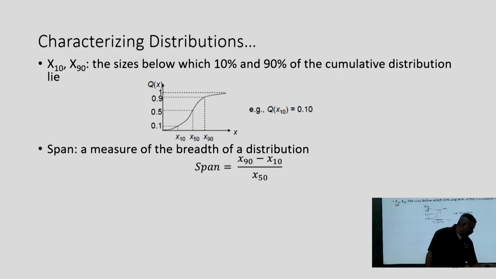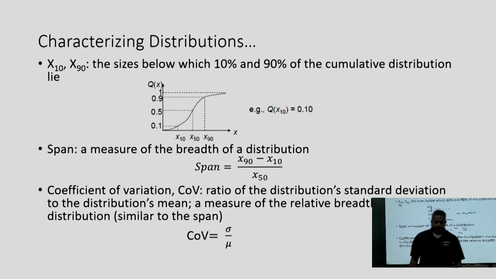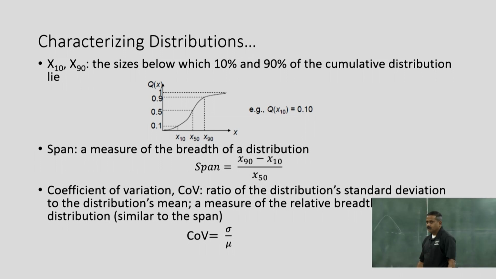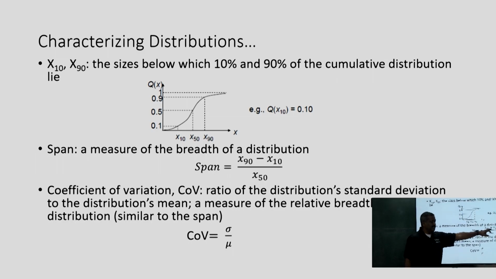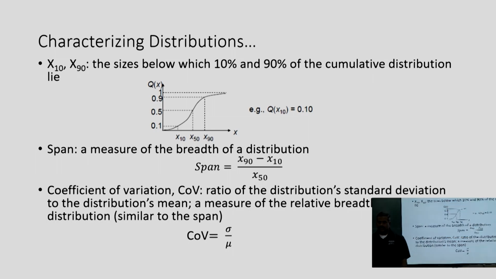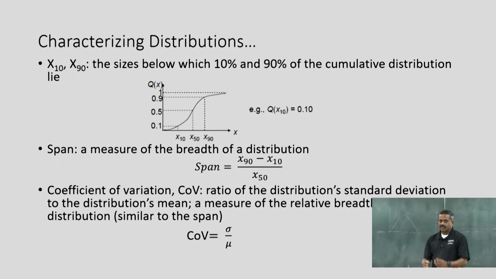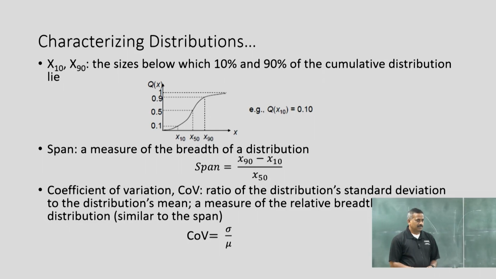You can get all this information, then the span, you might remember. The span of the distribution we can get from the cumulative distribution. That's D90 minus D10 over D50, okay? That gives the width of the distribution.